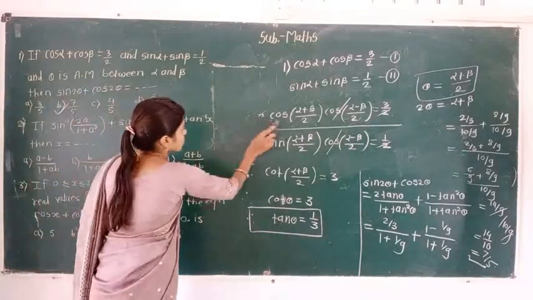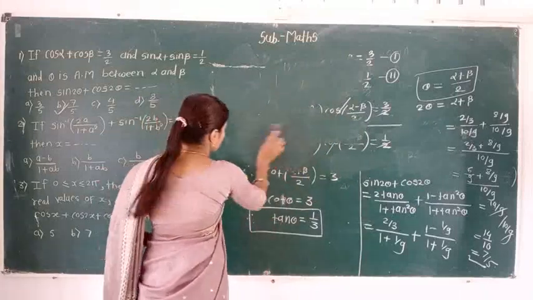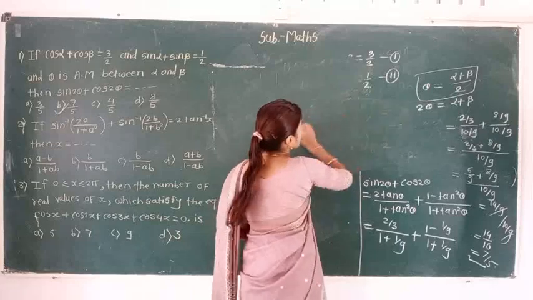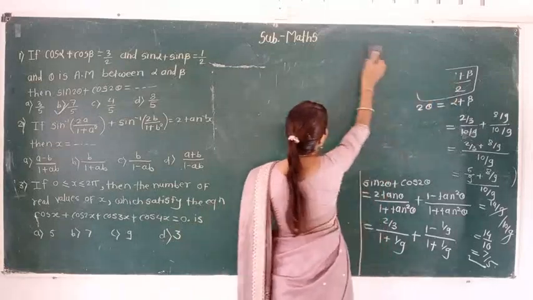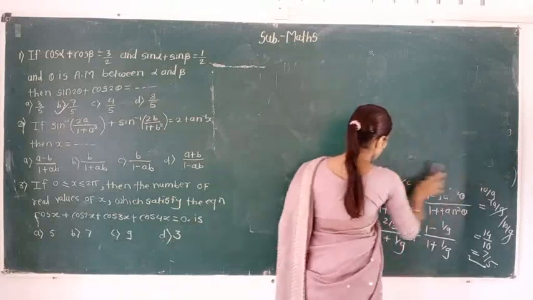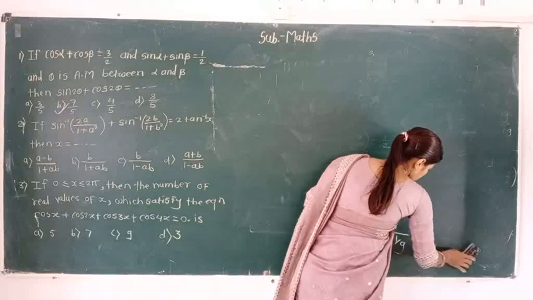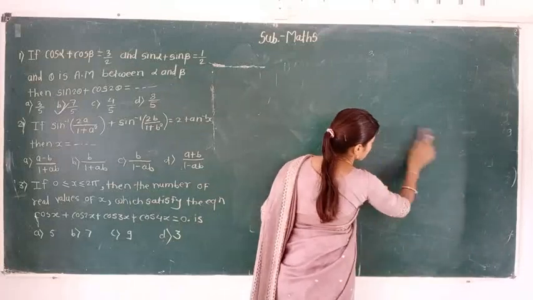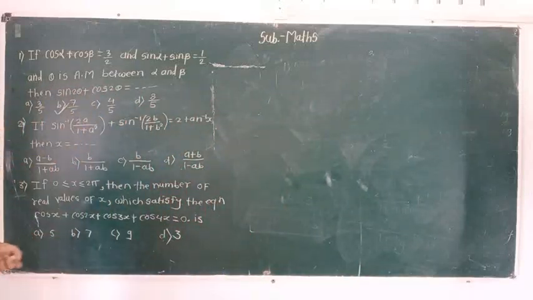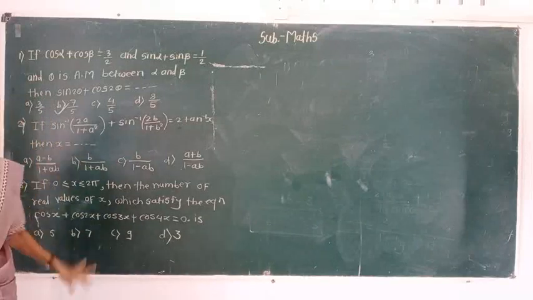Now see the next example is, if sin inverse 2a divided by 1 plus a square plus sin inverse 2b divided by 1 plus b square is equal to 2 tan inverse x, then find the value of x.